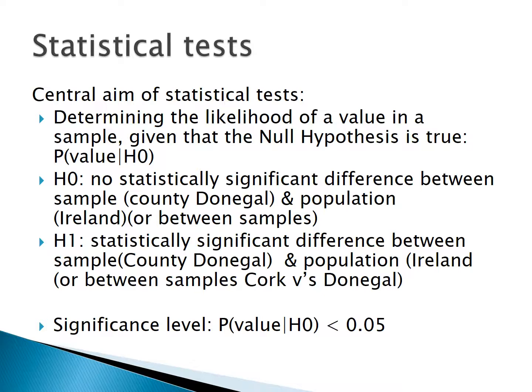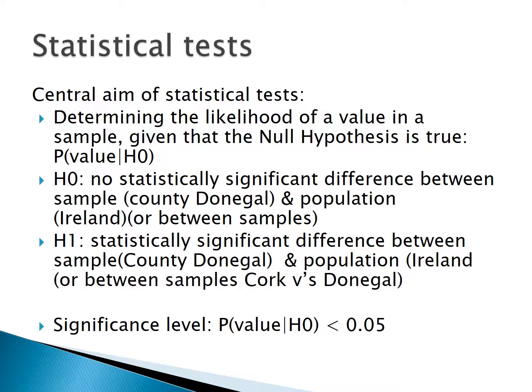Okay, statistical tests. The central aim of statistical tests is determining the likelihood of a value in a sample given that the null hypothesis is true, that nothing's going on. So H0: no statistically significant difference between the sample, for example Donegal, and the population Ireland, or between two different samples.